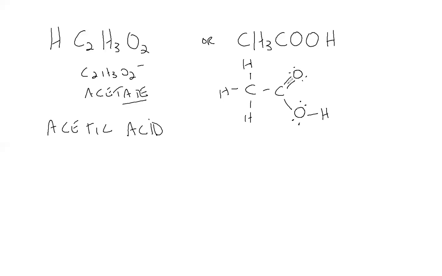And this is our Lewis structure for acetic acid. So here is the H, this H. And then the rest of this is where we get our acetate ion, C2H3O2. And then there's the H that attaches to the oxygen. So for right now, I would just say recognize this as acetic acid.